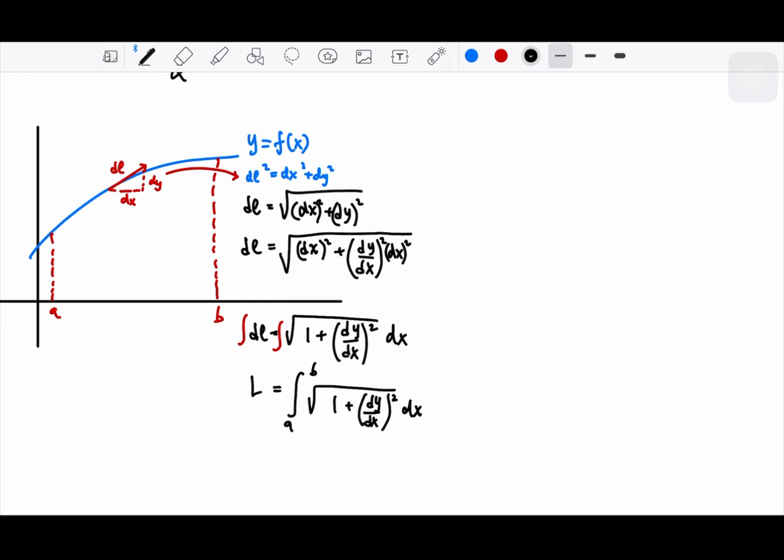So let's just write, from this square root, dL is... Now we need to introduce our dt, and based on the chain rule we can have this dx and dy. Let me just write the functions.